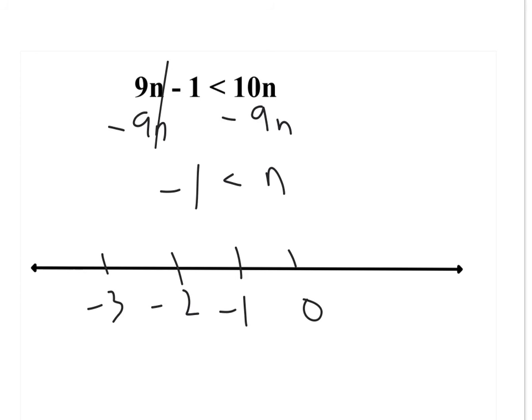And then I figure out it's going to be an open circle because it's less than, it's not less than or equal to, so it's an open circle. And I figure out what is a number that is greater than -1? 0 or 1 or 2 or 10. So the arrow goes this way.